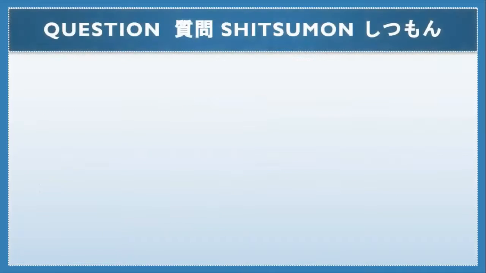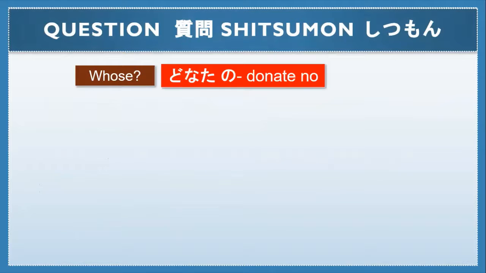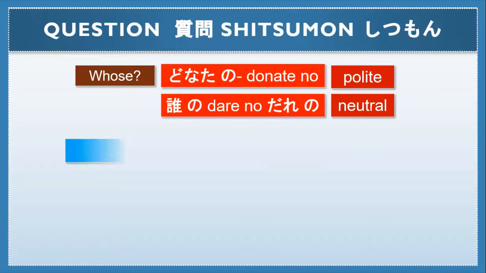So this was about who, dare. Now let us look at whose. Whose in Japanese is どなたの or 誰の. どなたの is the polite form and 誰の is neutral.